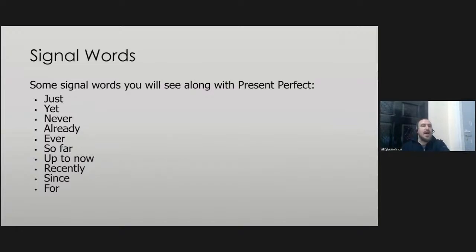Or you can say, I have already done the homework. With since, you can say, I have lived in Hargeisa since 2005. Or you can say, I have lived in Hargeisa for 16 years. You can try different sentences with these words to get different ideas expressed with the present perfect. But just know that these words are commonly used with that tense.